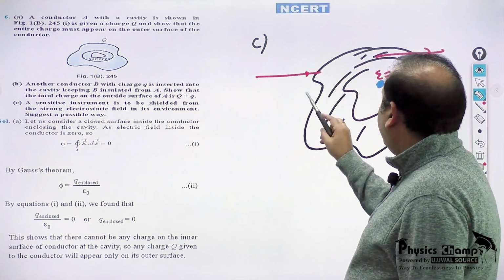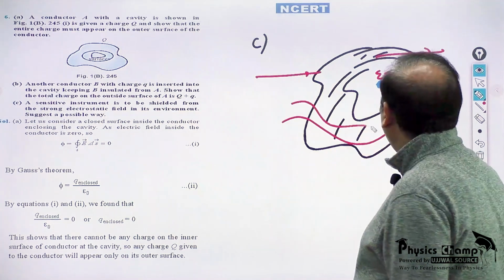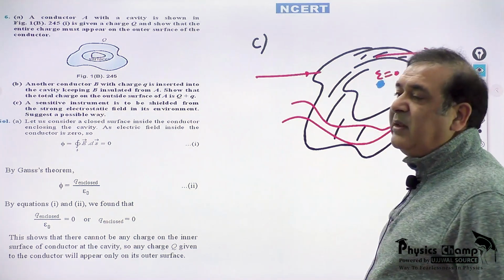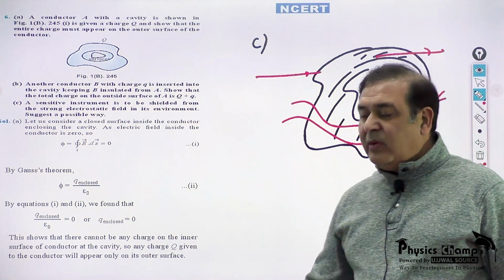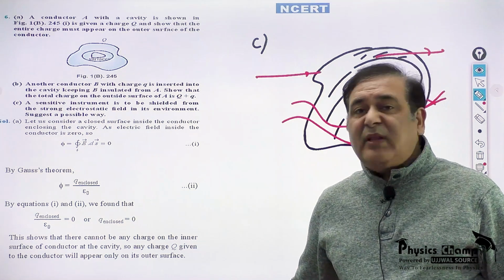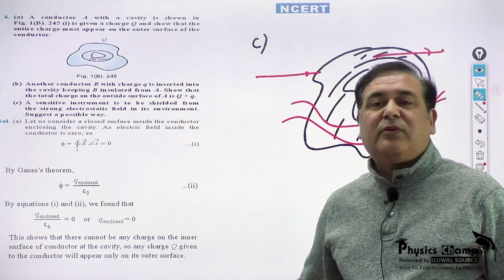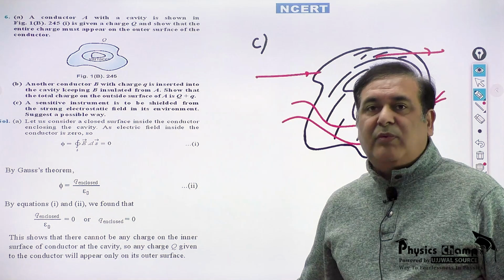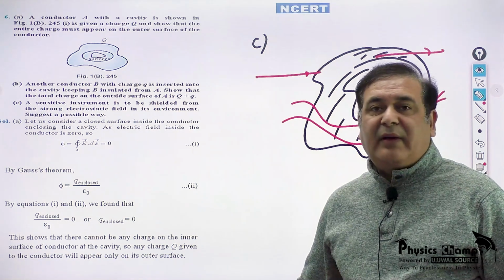So the outside electric field may have an impact, but the electric field within the cavity will be 0. The electric field even within the conductor will be 0. So within a hollow conductor, you will always have electrostatic shielding.